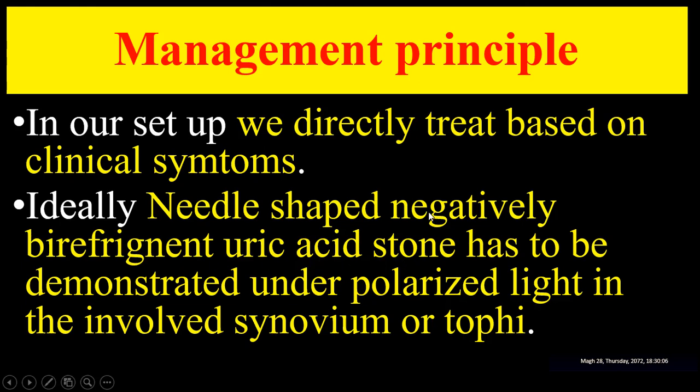Negatively birefringent uric acid crystals have to be demonstrated under polarized light in the involved synovium or the tophi. You have to take the sample from synovium or the tophi, and then you have to see it under the polarized microscope. And if you can appreciate these needle-shaped negatively birefringent uric acid crystals, then only you can say it is gout. Otherwise you cannot say it is gout for sure.